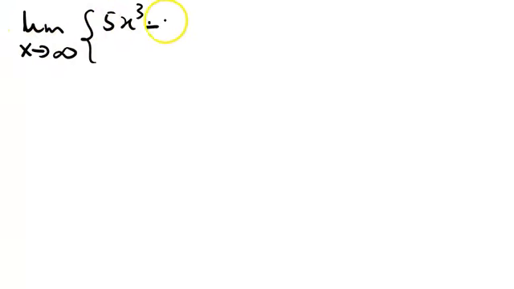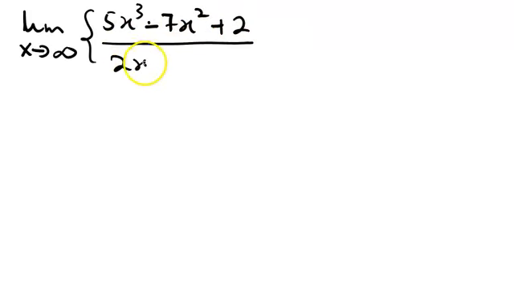So let's look at the last question. That's the limit as x tends to infinity of 5x cubed minus 7x squared plus 2 over 2x cubed plus 4x. So the rule is to scan through both numerator and denominator and select the variable with the highest power. This time the variable with the highest power is x cubed.